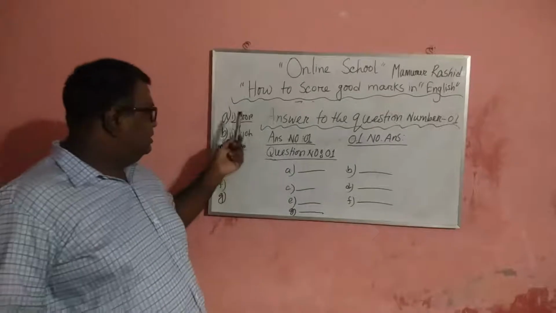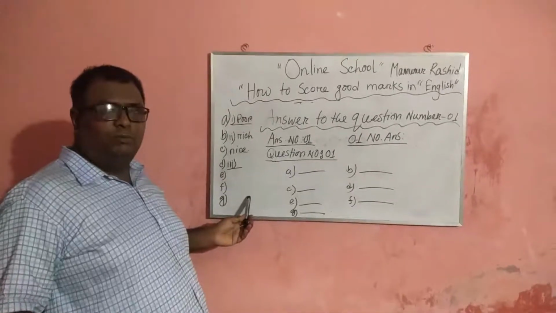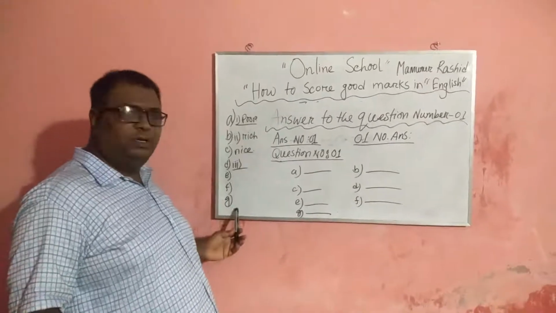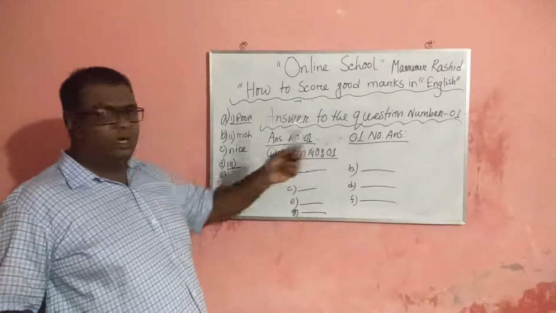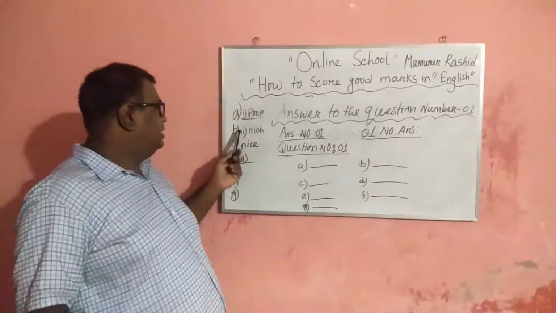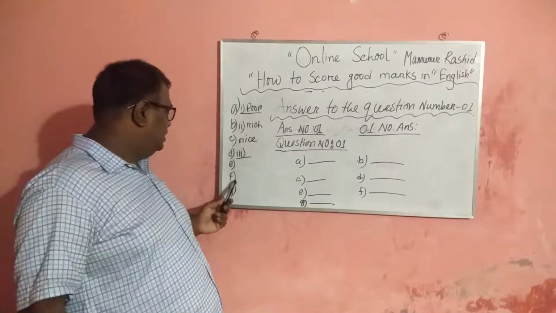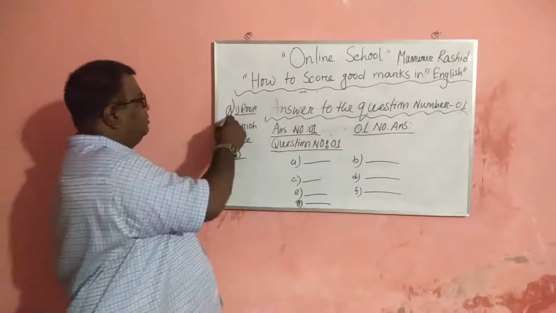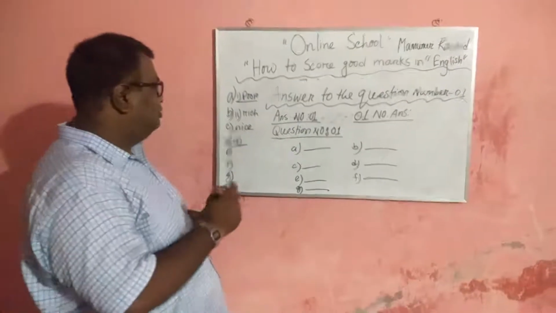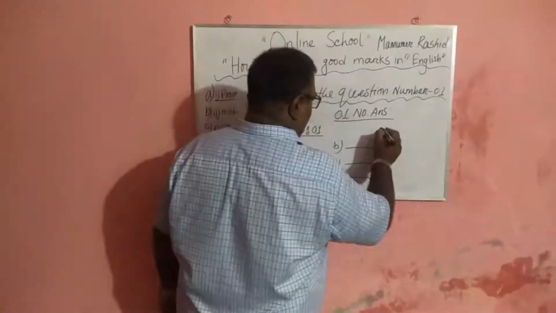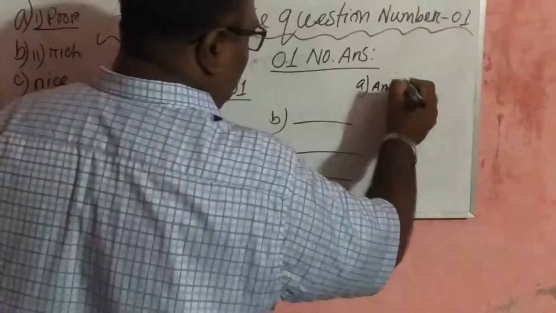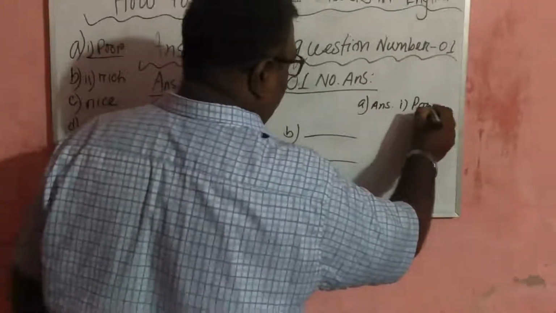Okay, and then you start your answer. Suppose you have 7 MCQs in your question number 1, so you just write the answers A, B, C, D, E, F, G like this. Okay, so when we see some answer scripts, our students write this way: A, answer, and then they write 1, 4.